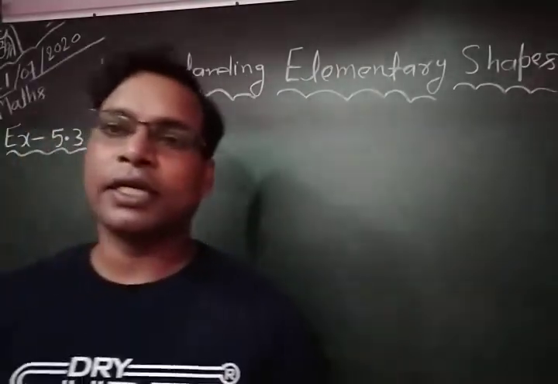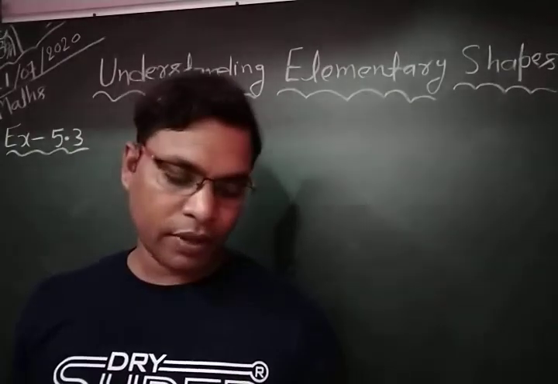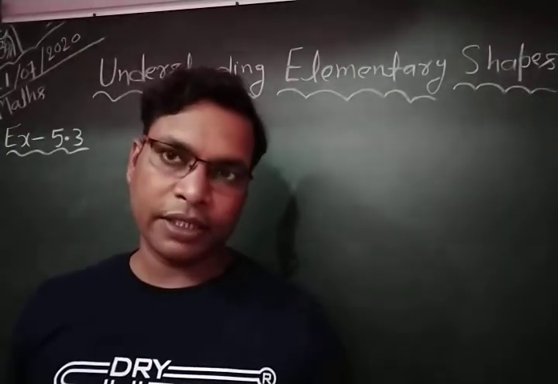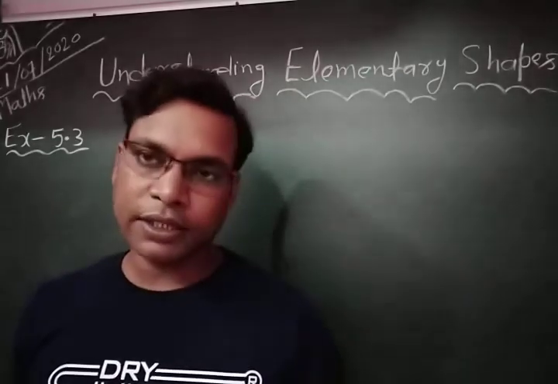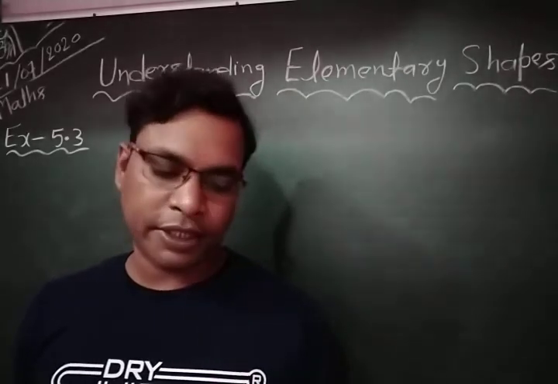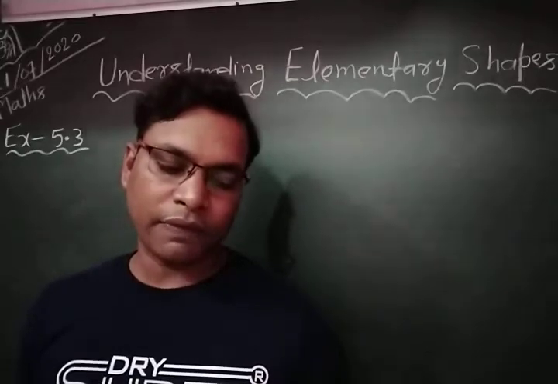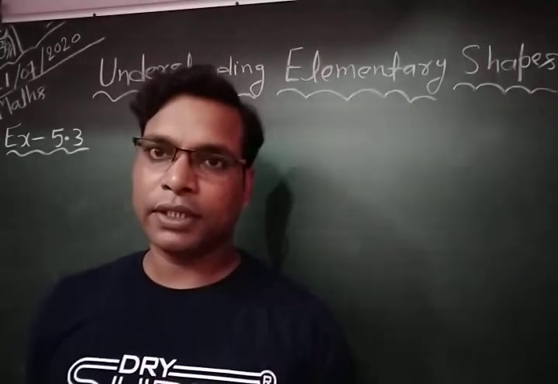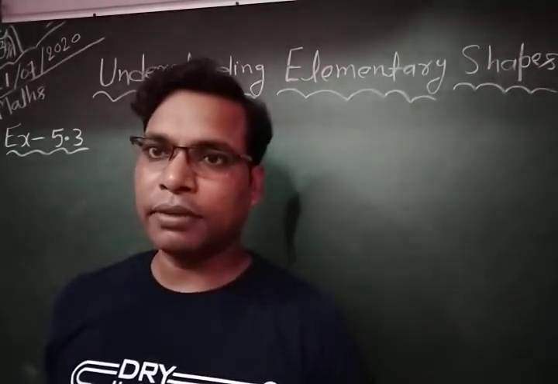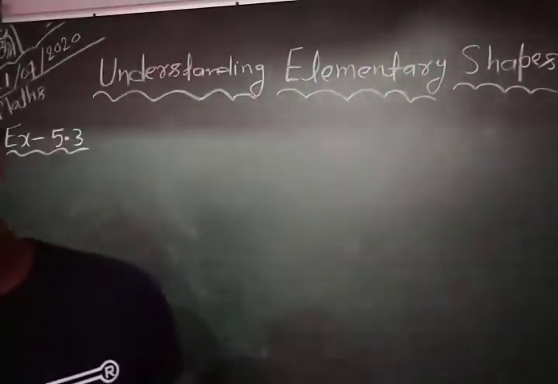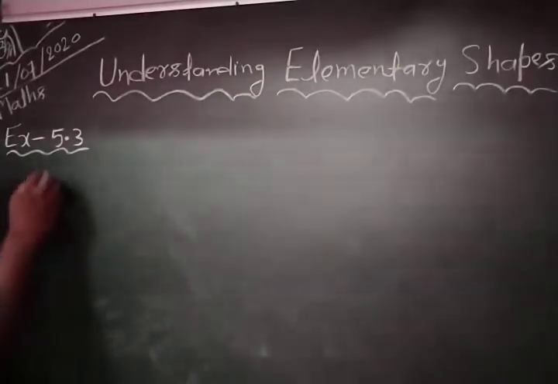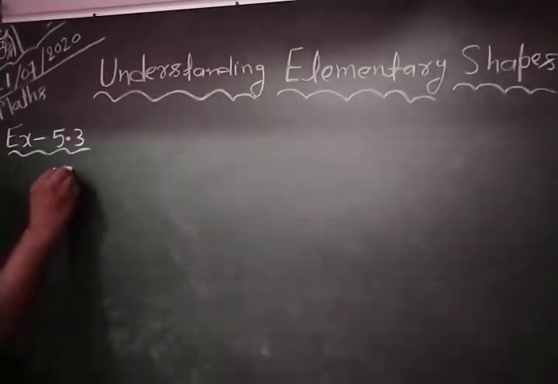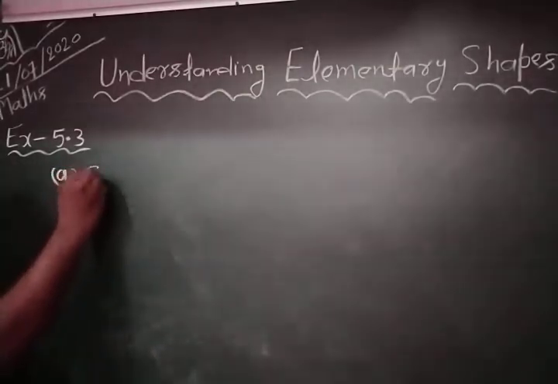Okay, so you can write the match in front of each, such as straight angle. What is a straight angle? So you can write in front of straight angle: half of a revolution. Okay, so let's see how to solve these questions. So first option given is a straight angle.